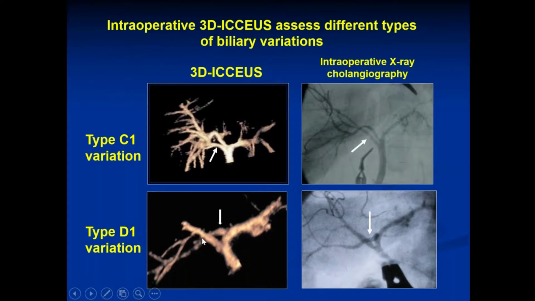That is the right posterior bile duct originates from the left hepatic bile duct. And these variations displayed by 3D ICCEUS were also confirmed by intraoperative X-ray cholangiography. And these research works had been published in UMB before.